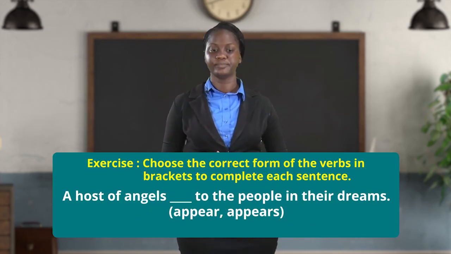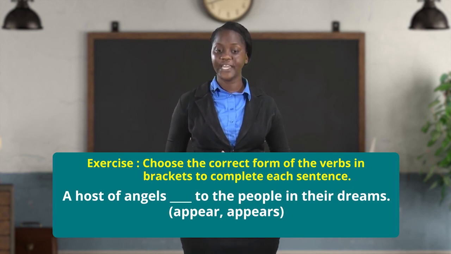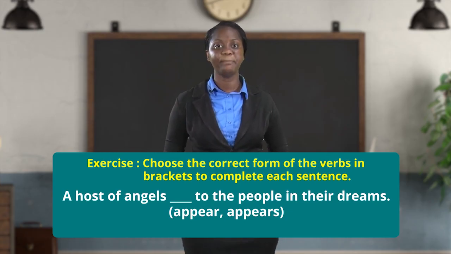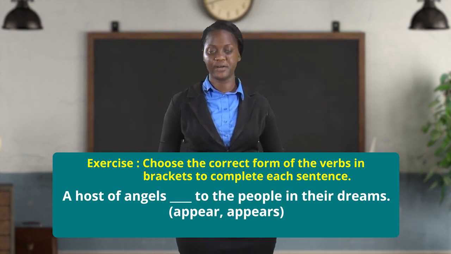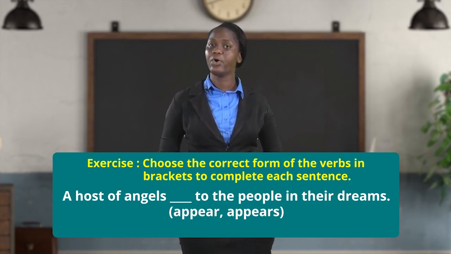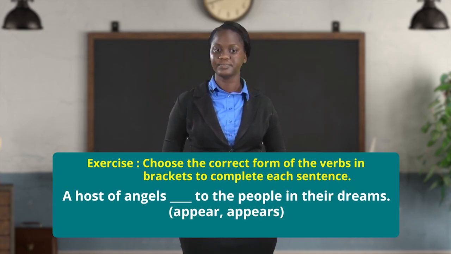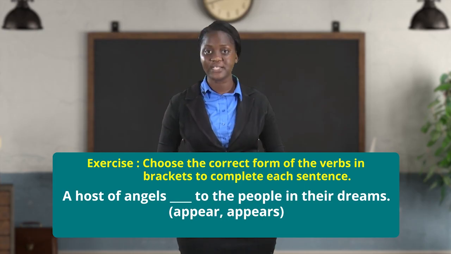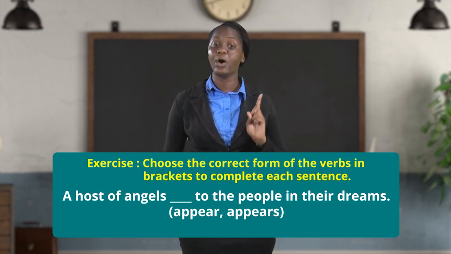Number 3. A host of angels something to the people in their dreams. We have to choose between appear and appears. Take a look at the collective noun. Is it singular or plural? If you said singular, then you are correct because it said a host.